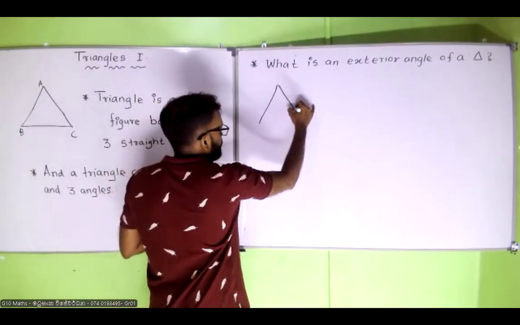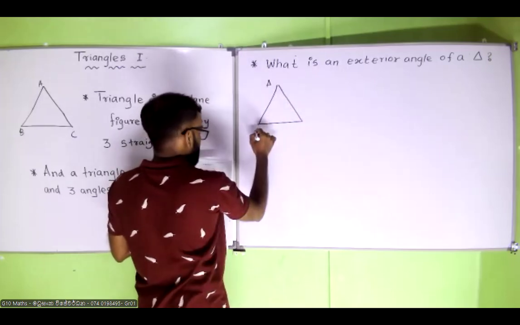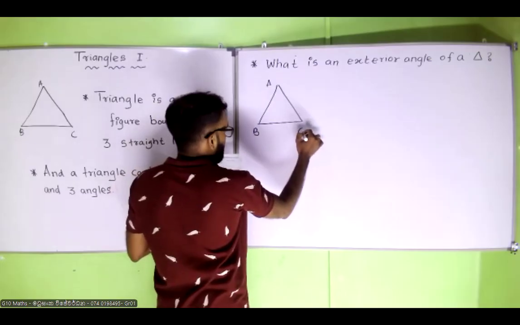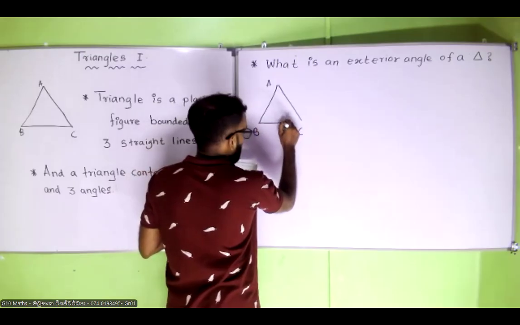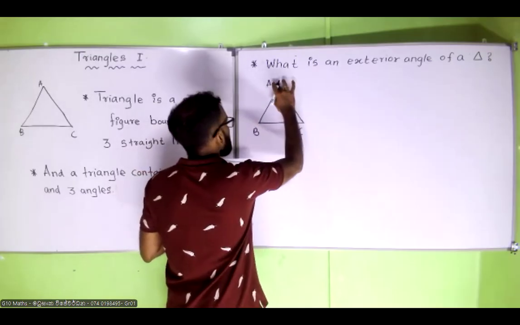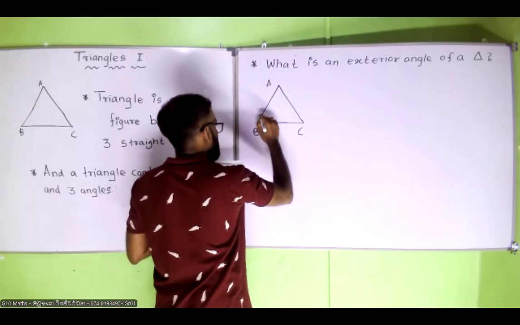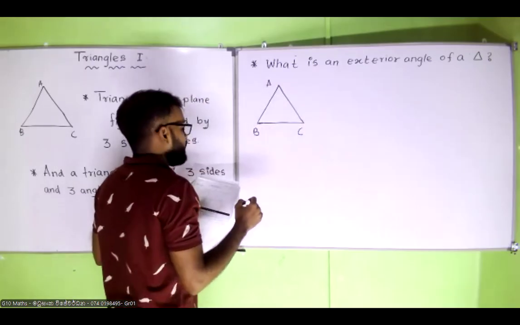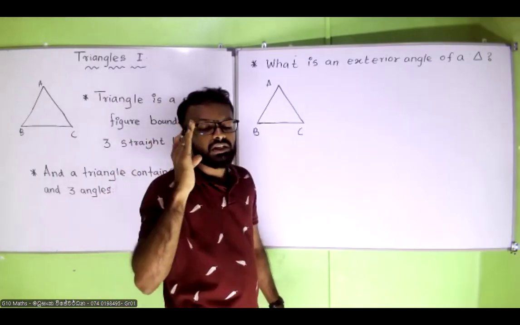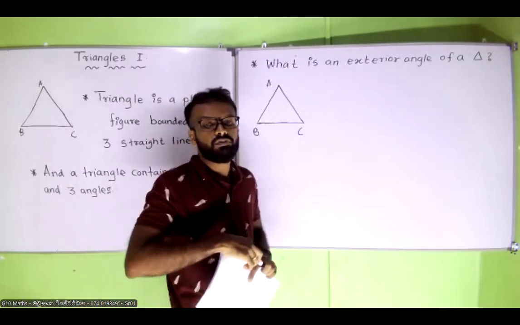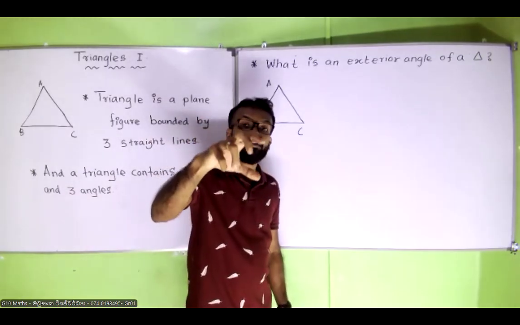Draw a triangle ABC, right? ABC, and you can extend any of the three sides so that it forms an exterior angle.